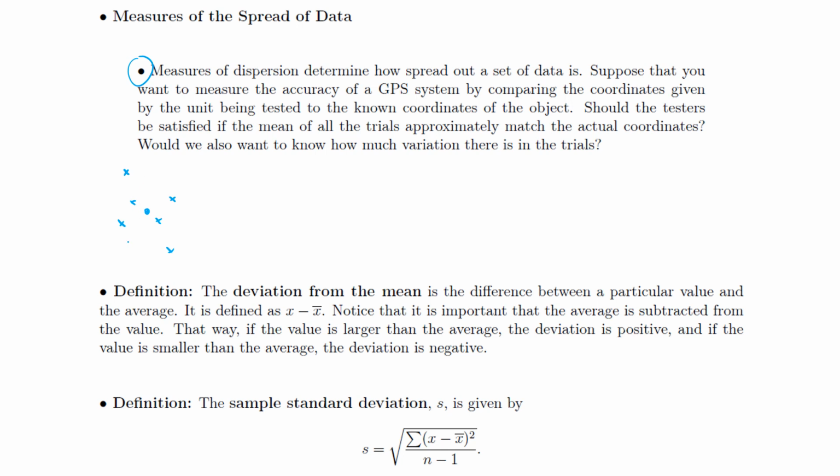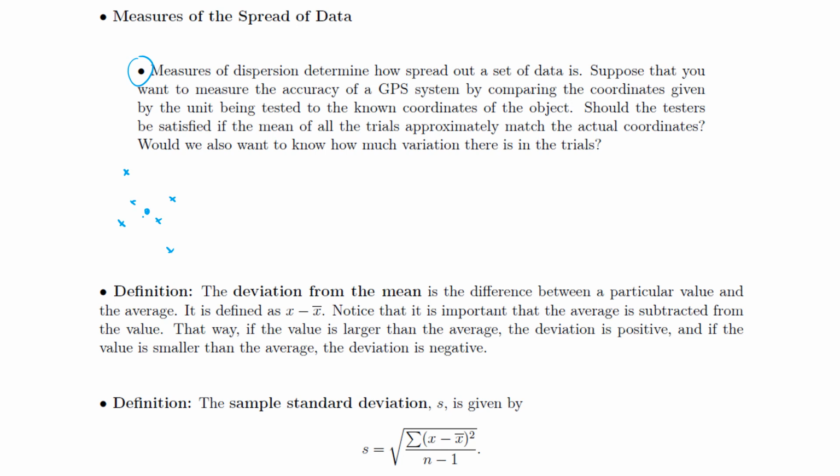If it's missing all over the place, it's possible that they could average out to the correct GPS location, right? So we need to not just focus on measures of center, we also need to understand what kind of variation there is in our data.